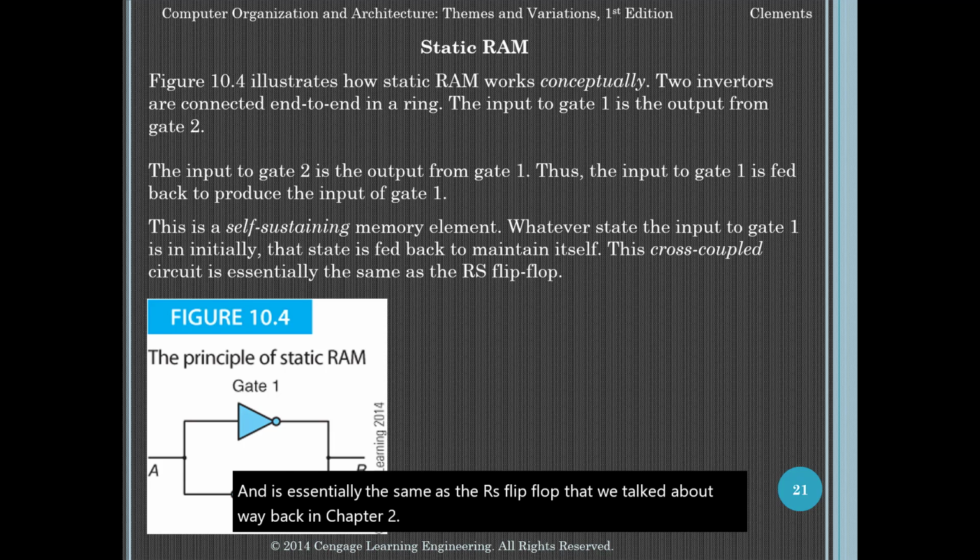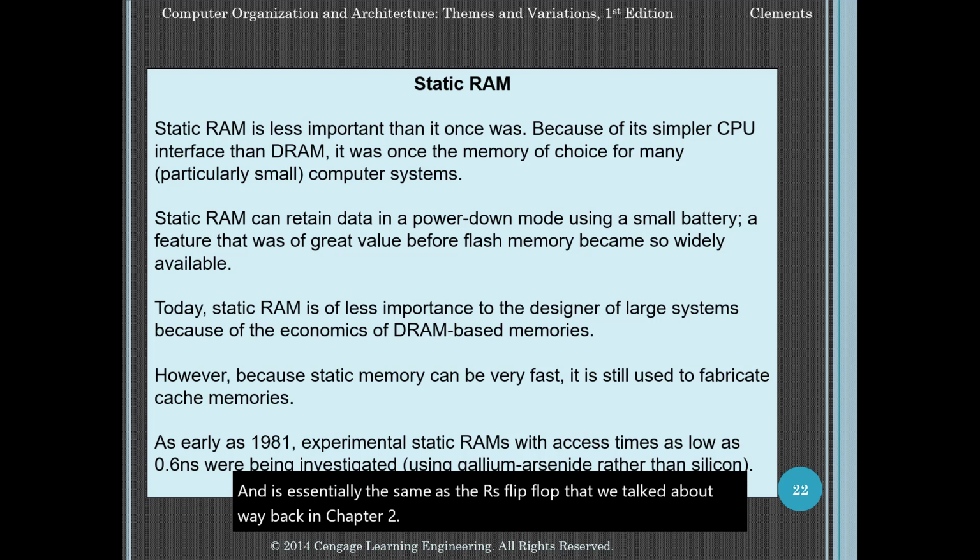We talked a little bit earlier about how static RAM is less important than it once was. It has a simpler CPU interface than DRAM, and it was once the memory of choice for particularly small computer systems. But static RAM can retain data in a powered down mode using a small battery. That's why on today's motherboards, they take those nice little small watch batteries.